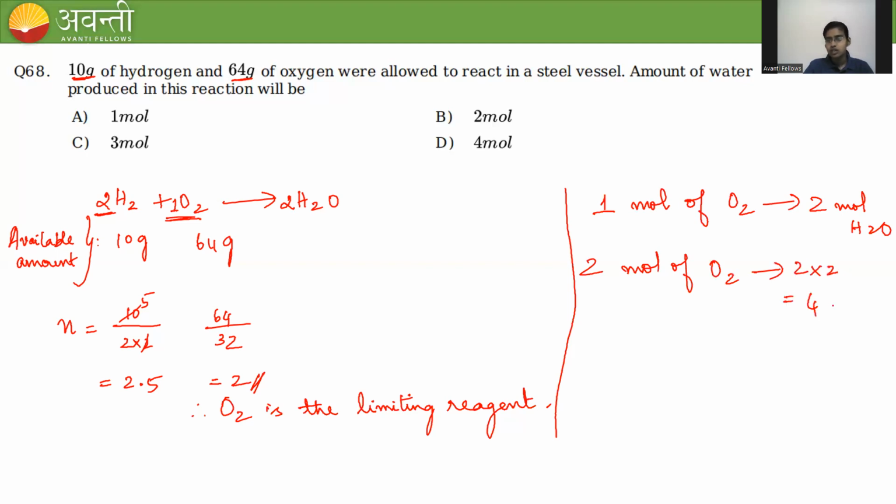So that is, it will give 4 moles of water. Okay. So the amount of water produced in this reaction will be 4 moles. That is option D. Okay. So from the given amount, we are finding out the number of moles of H2O produced from the given amount of oxygen. Got it? Now coming to the next question.